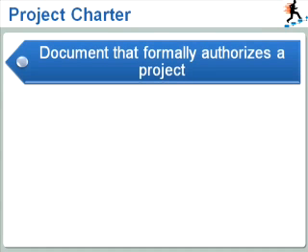Let's now take a look at a few key concepts from project integration management that you will need to know for the exam. The first process in integration management is develop project charter. You must understand the purpose of this document. The project charter is the document that formally authorizes a project.